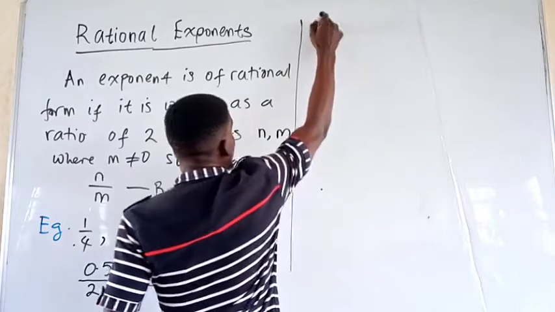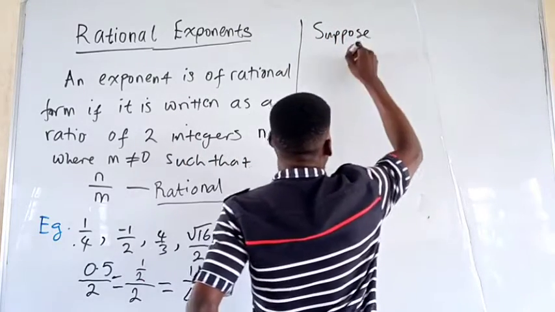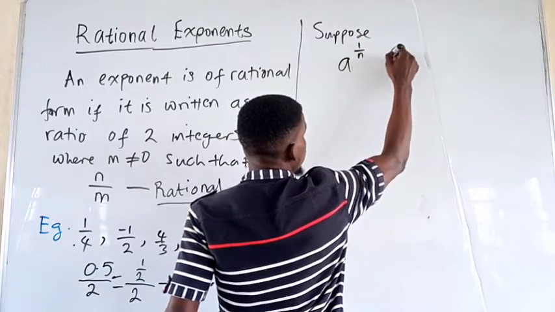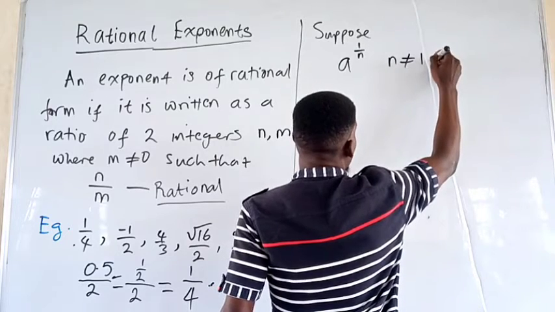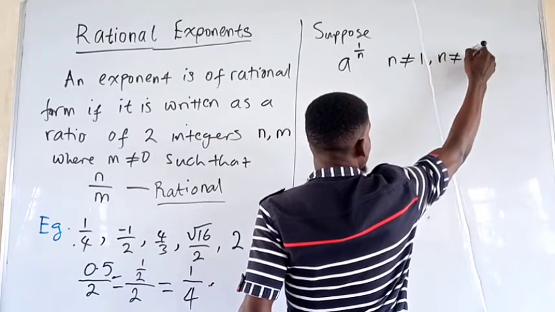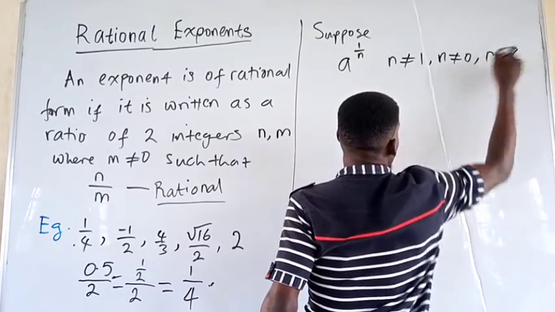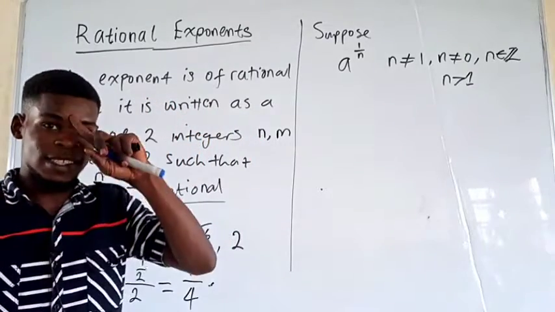Suppose we have a raised to the power of 1 over n, where n is an integer, n is greater than 1. So look at all these.